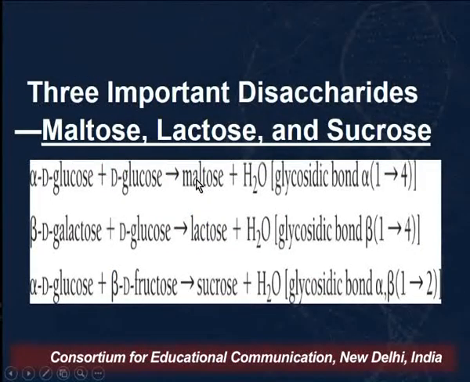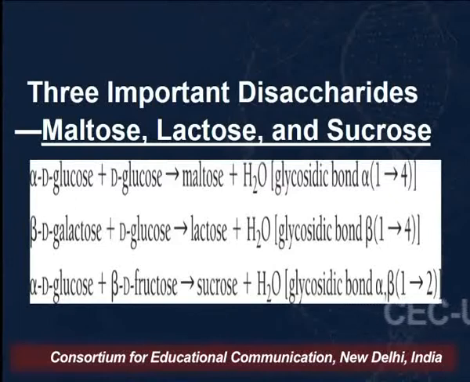So, the three important disaccharides that we will be discussing in great detail, and on which questions are asked in entrance exams as well as in your college semester exams, are maltose, lactose, and sucrose, and which among them are reducing sugars and which is a non-reducing sugar.